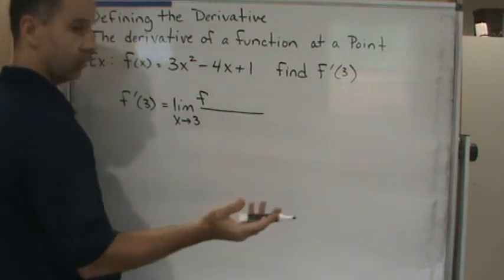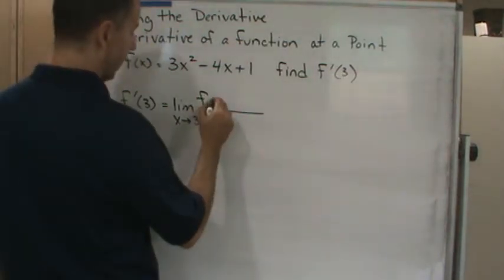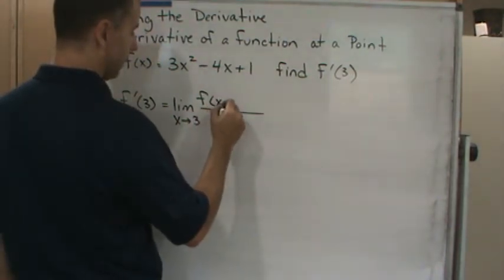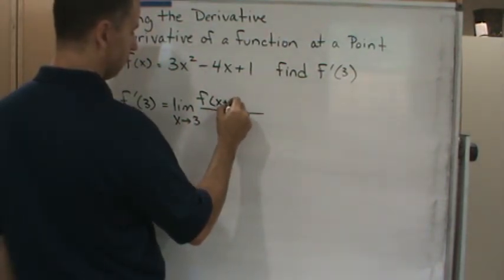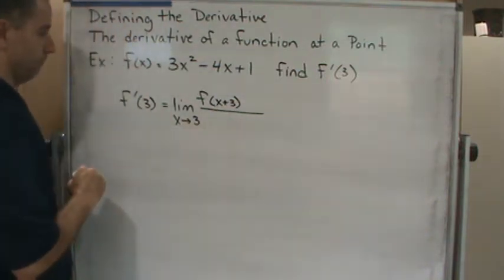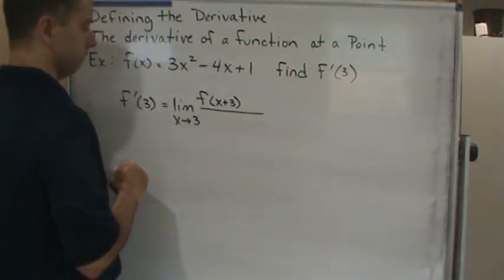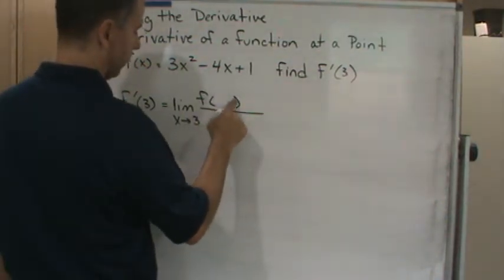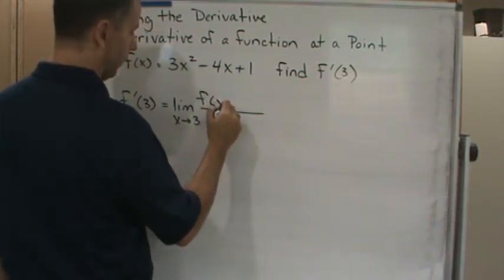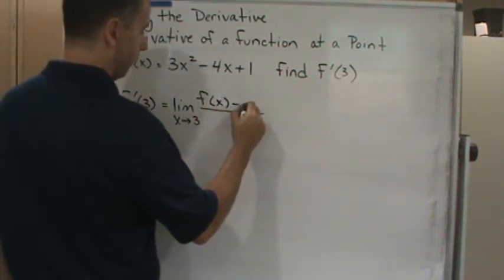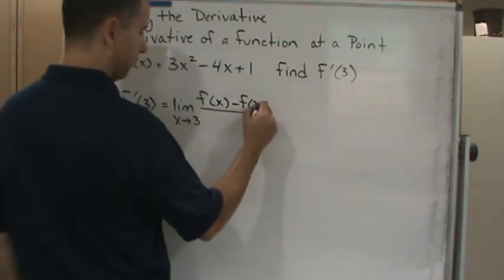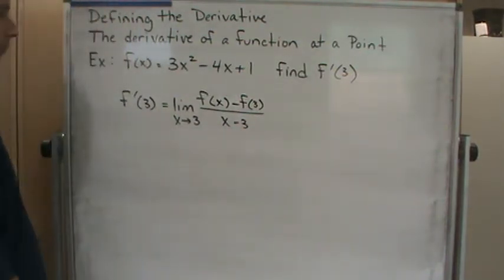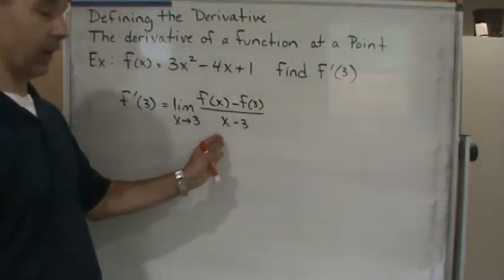F of x minus f of a, which is 3, divided by x minus 3.